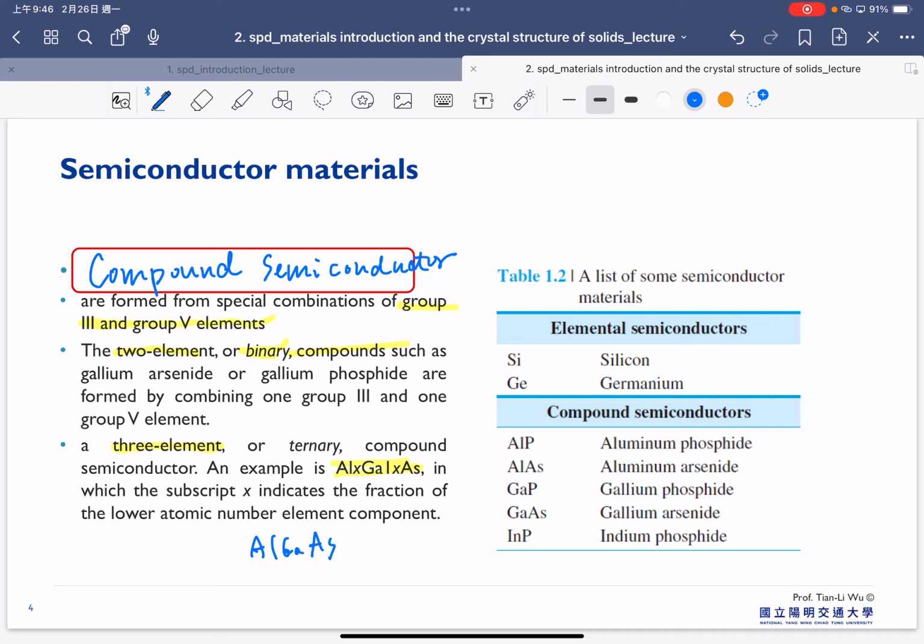Or aluminum gallium nitride, also very popular and already present in our daily life. So these are the three-element compound materials.